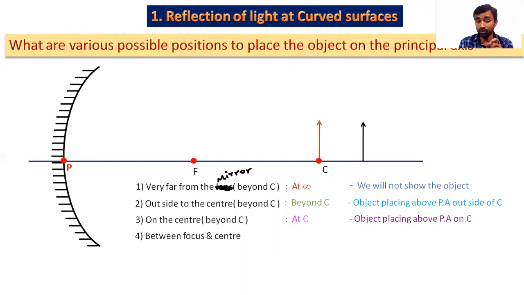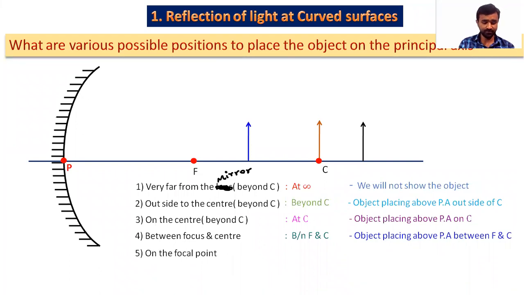So we will call it between focus and the center, between F and C. That position we can write as between F and C. So the object is shown as an upward arrow between F and C.